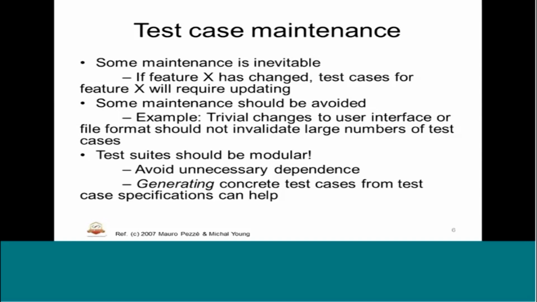Some maintenance should be avoided. Example, trivial changes to user interface or file format should not invalidate large test cases. For example, there is a document, and there is a small letter change I did here, so test case maintenance. Of course, it's a big change, but in general, if the name of the signal is mentioned wrongly but the test case is working, there is no point in doing such maintenance.